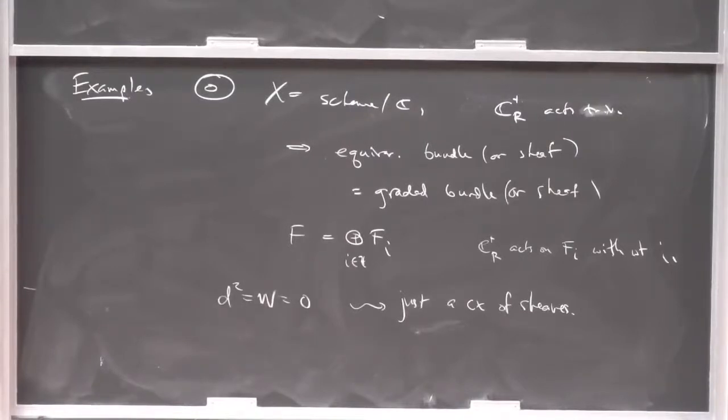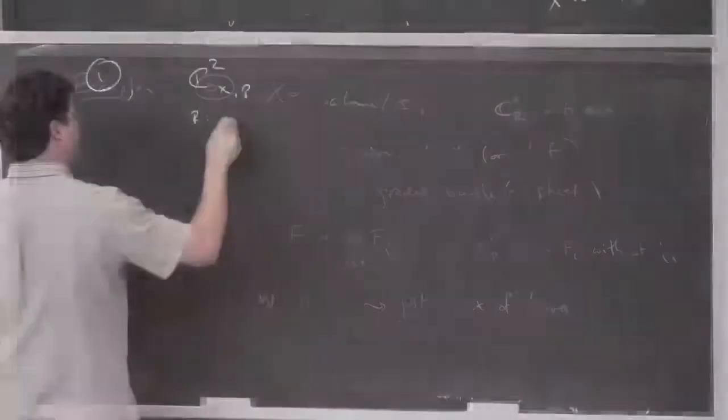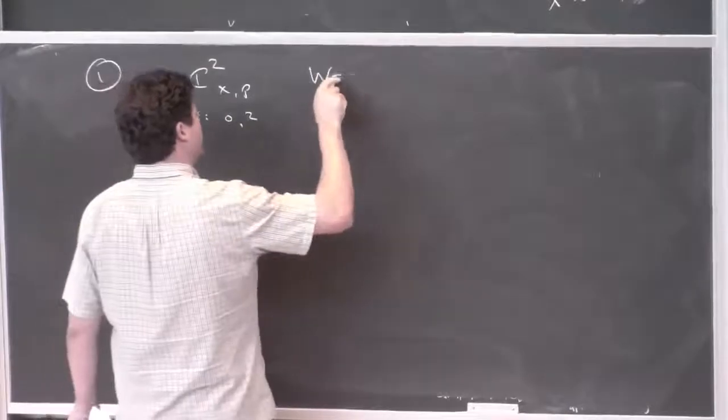In example 1 that I foolishly erased, we had C2 with coordinates x and p, and R charges were 0 and 2, and W was xp.